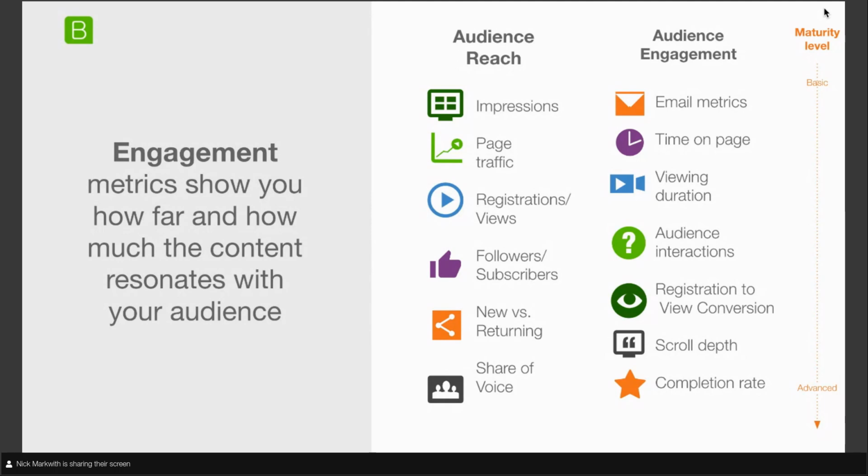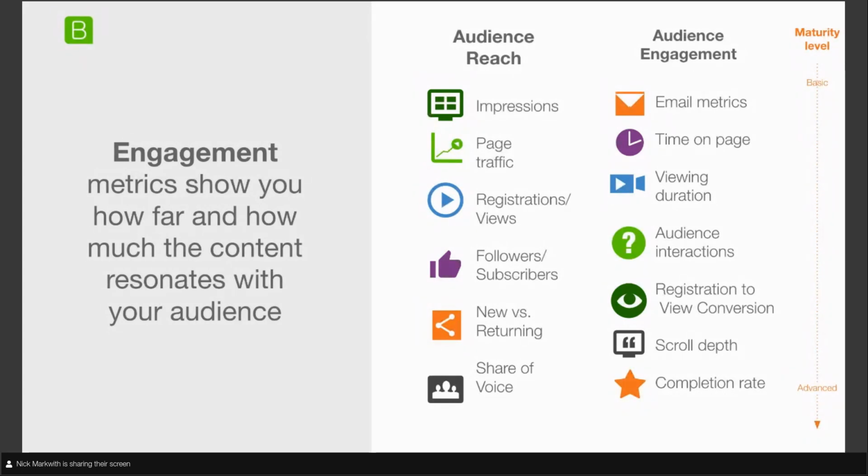It tells you a certain level of interest. It doesn't tell you a lot about content quality, or really the depth of interest of your audience. And so really these two types of metrics need to go together in order to tell you a fuller picture.